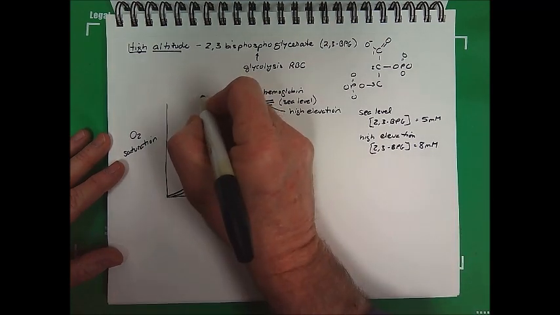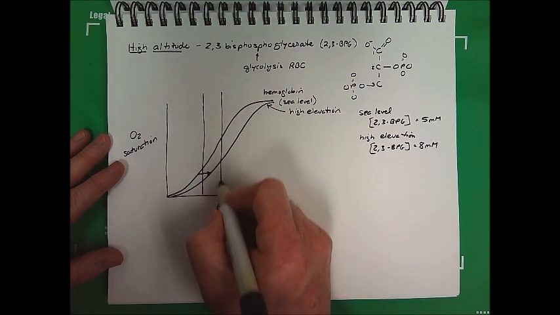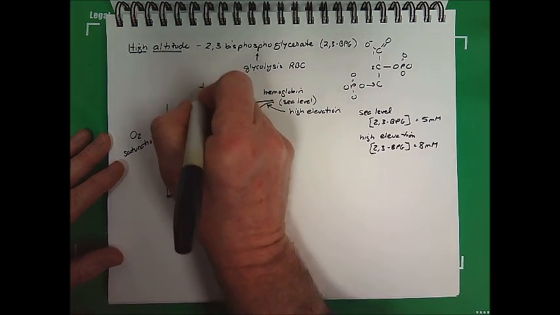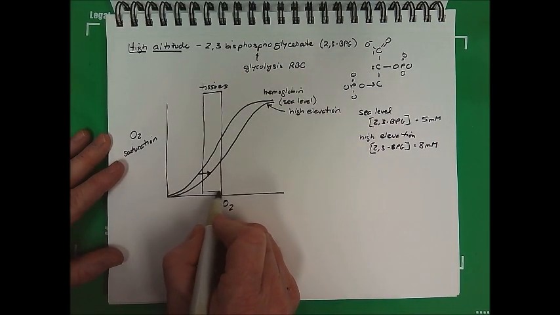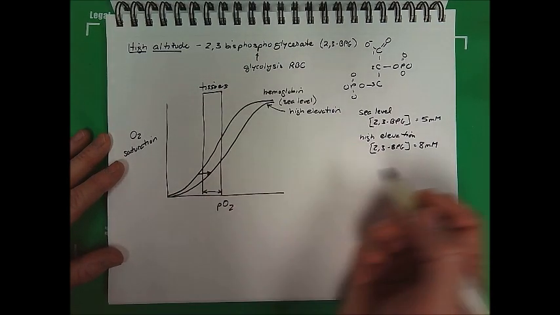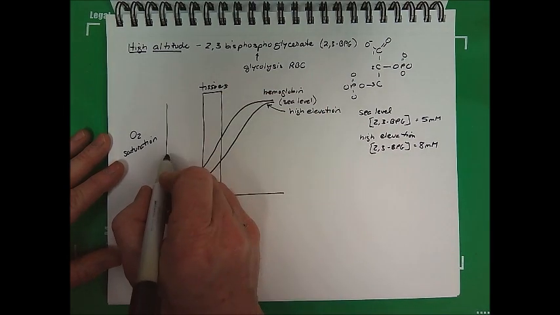Now again, notice what this does if we look at the effect in tissues. So again, if this is our oxygen pressure availability range in tissues, notice what we've done.